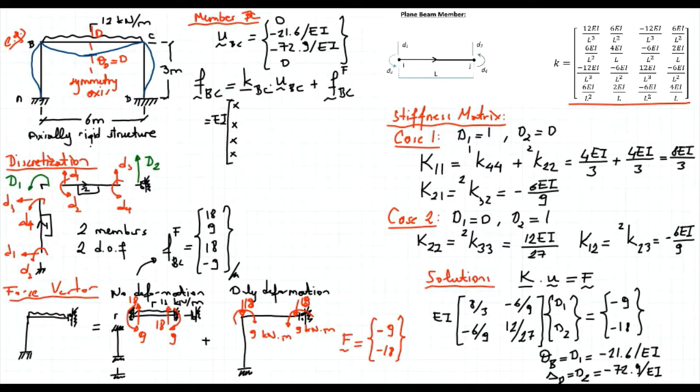Second column: 6 over 9, 4 over 3, minus 6 over 9, 2 over 3. The third column: minus 12 over 27, minus 6 divided by 9, 12 over 27, minus 6 divided by 9.